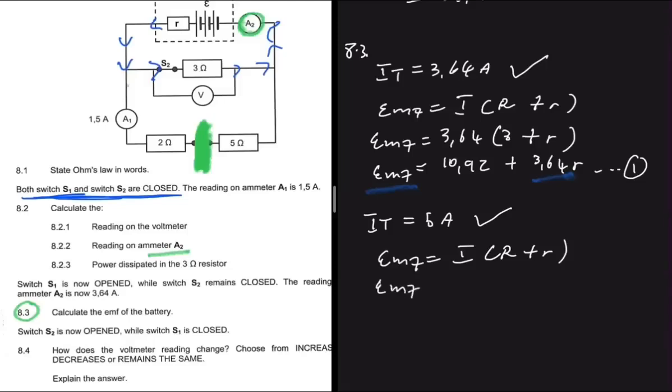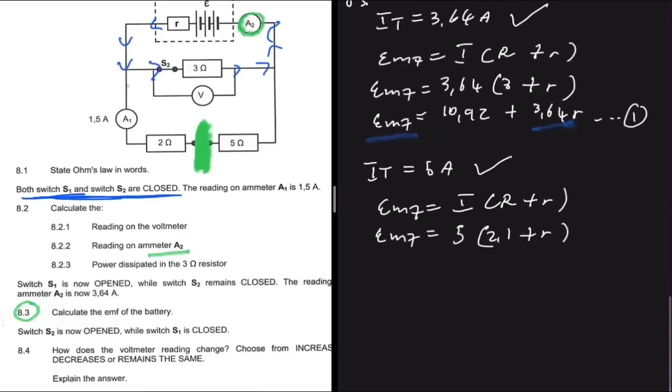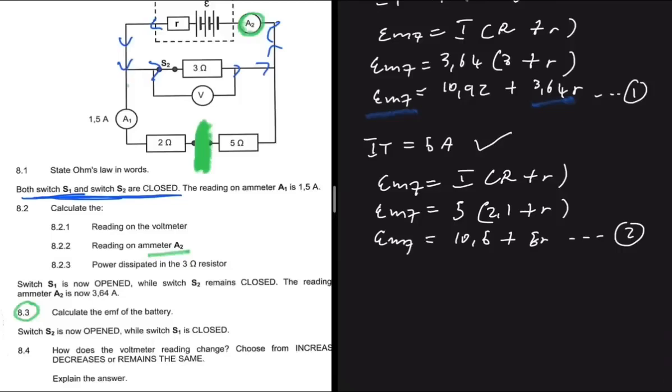The EMF is equal to the current, 5 amperes when both switches are closed, multiplied by the external resistance, which is RP, that was 2.1, plus internal resistance. So the EMF is equal to 10.5 plus 5R. Equation 2.